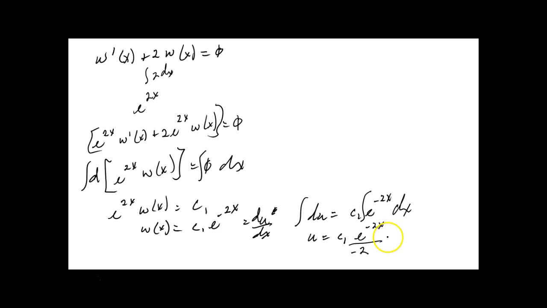So this would be minus c1 over 2 e to the minus 2x. And then you would have another c2 here. So that's why they had the c1, because you have to have another constant here. All right. Now, so this is your u of x.